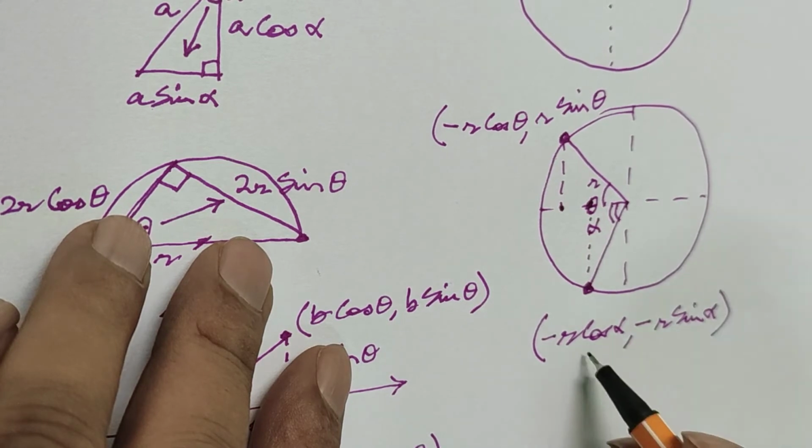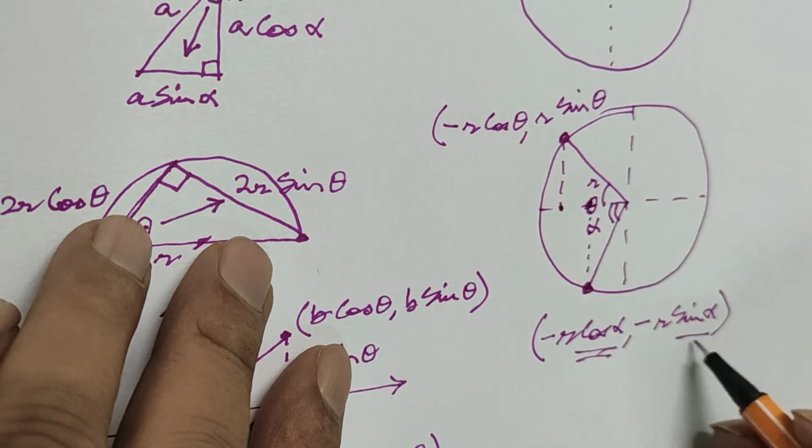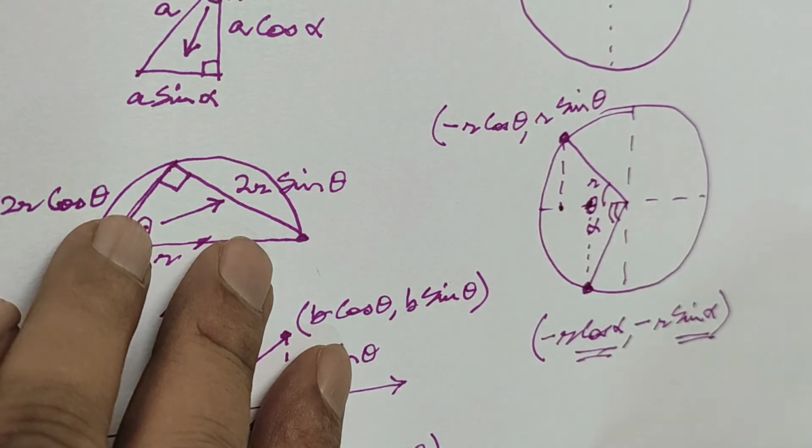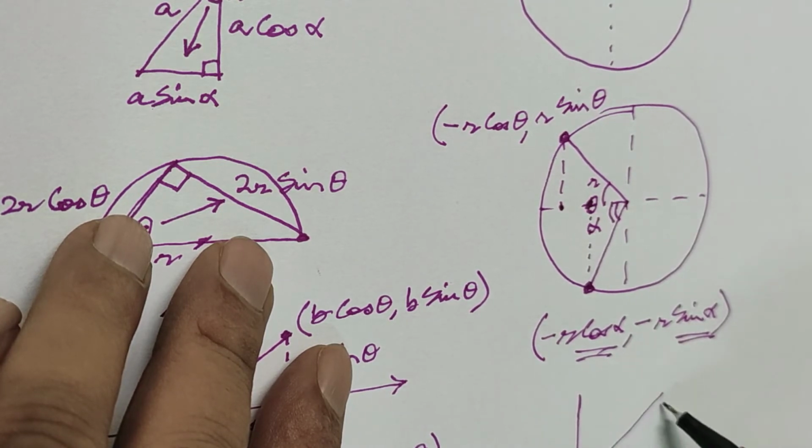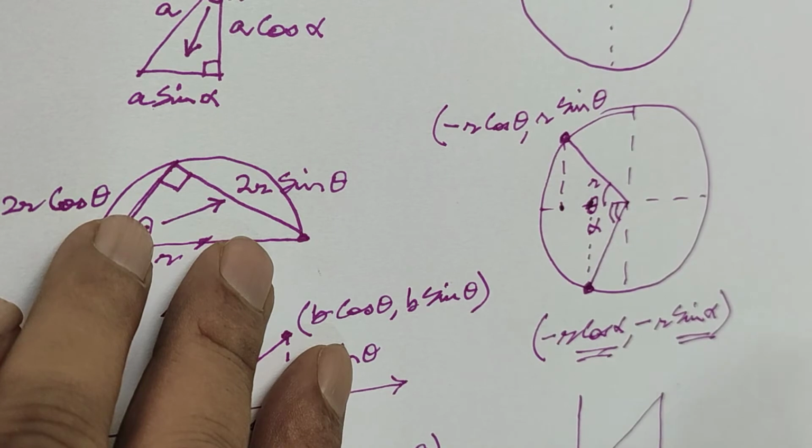Always remember, cos comes first, sin comes second, because in the x and y coordinate, if you look at the triangle once again, the cos is in the x direction and sin is in the y direction. Okay, so we'll see more interesting application of this in the next video.